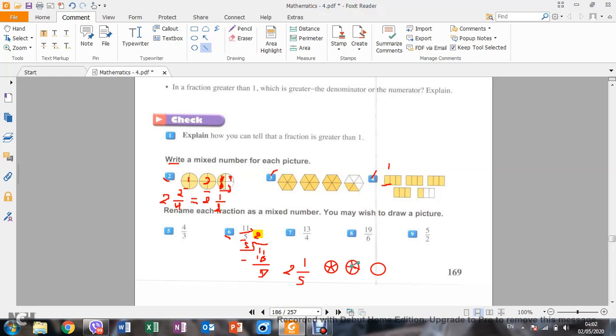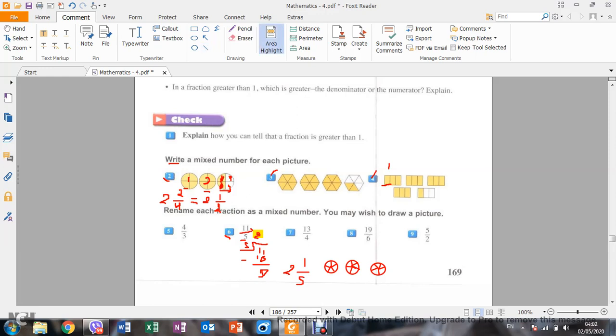Then again, 1, 2, 3, 4, and 5. It tells us the 2 wholes are completely colored.